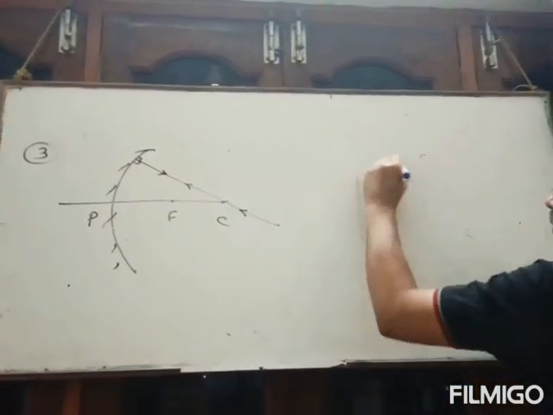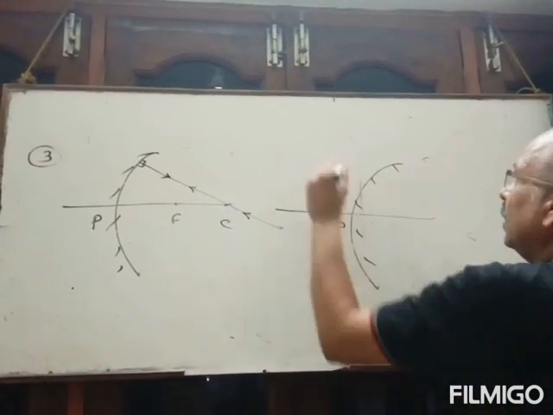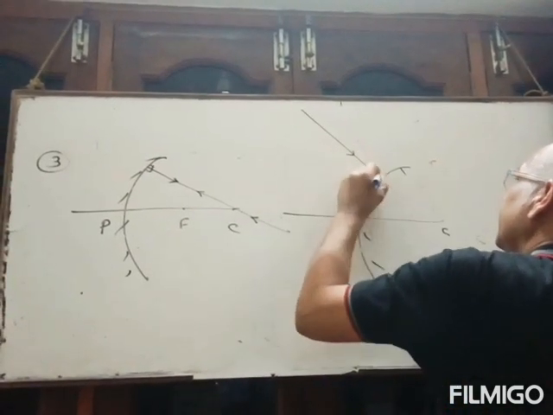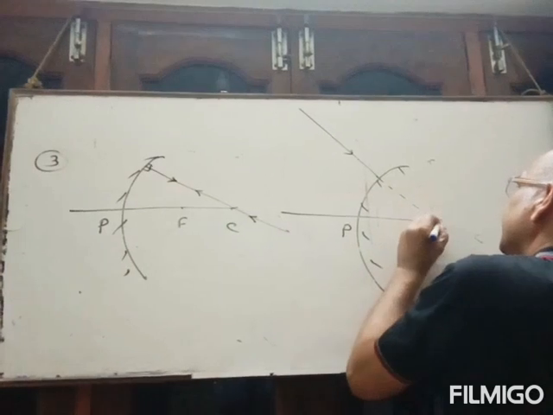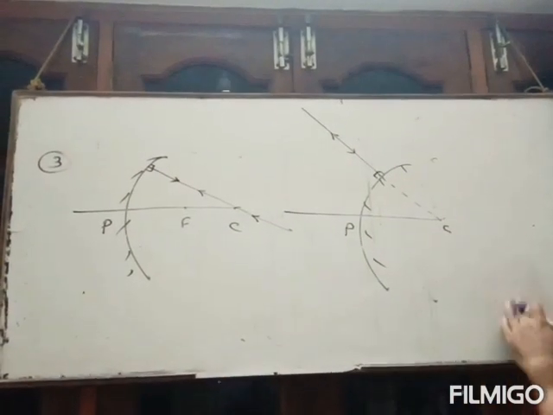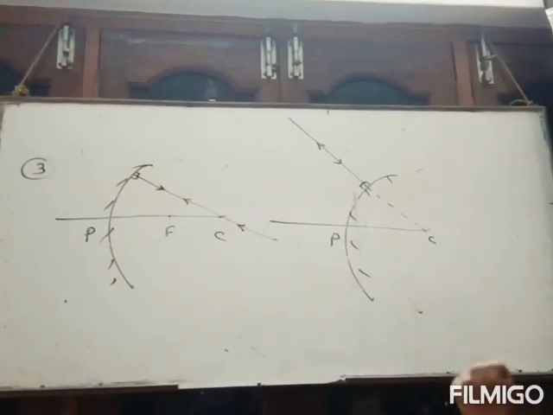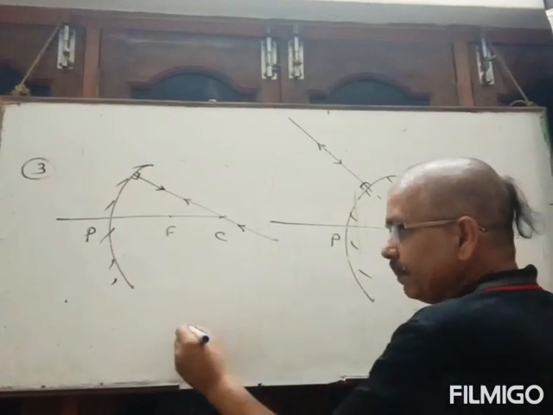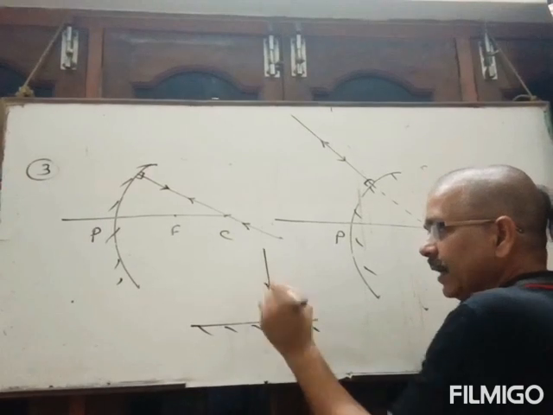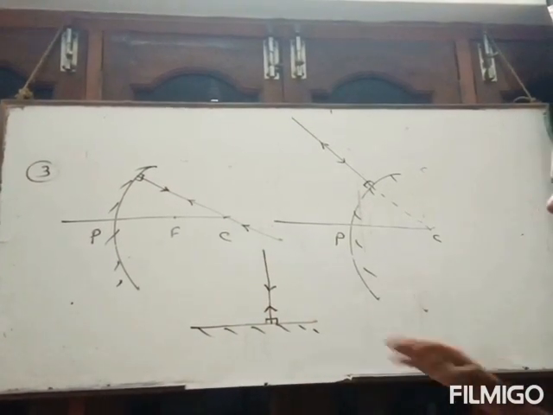Similarly for the convex mirror, the pole, and it is the center of curvature; the light ray incident along the direction of the center of curvature retraces its path. Why is it happening? We have seen in the case of a plane mirror, when light is incident normally on the plane mirror, then it retraces its path, and this point is already discussed.